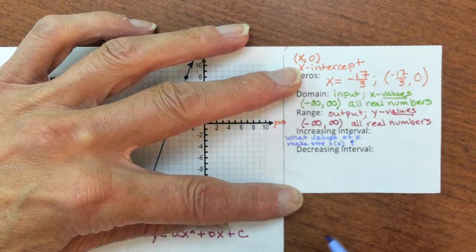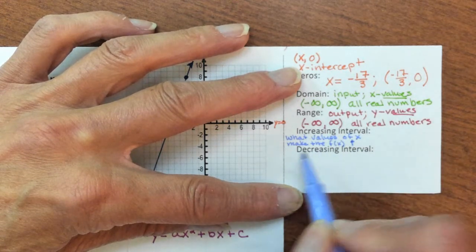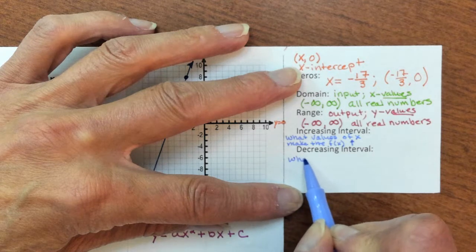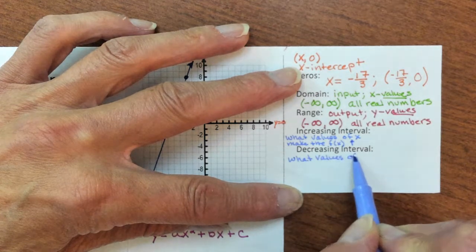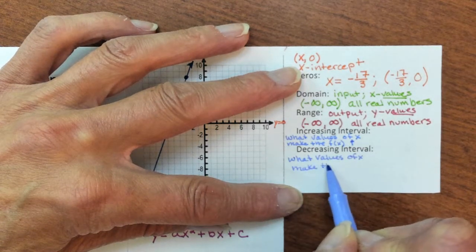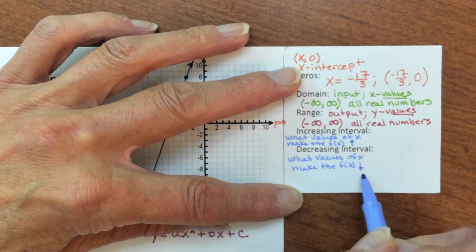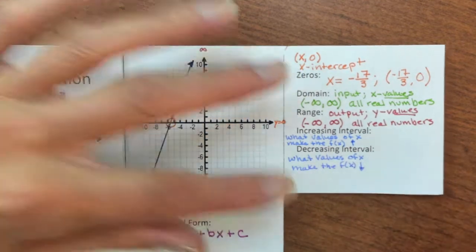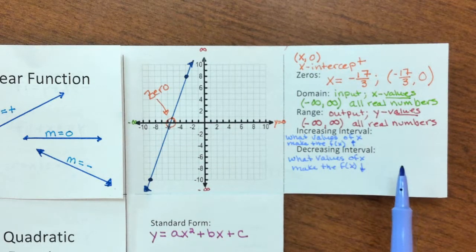I'm just going to use that for notation because we don't have much space here. And for here, this would be what values of x make the function decrease or go down. So we're always going to be thinking left to right, left to right.